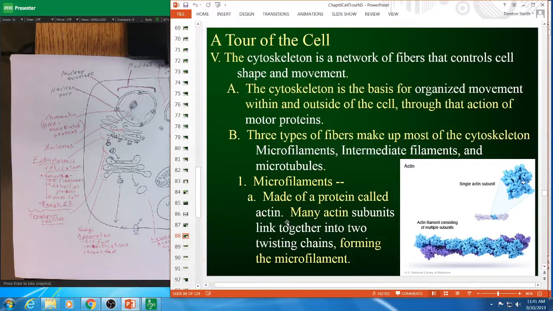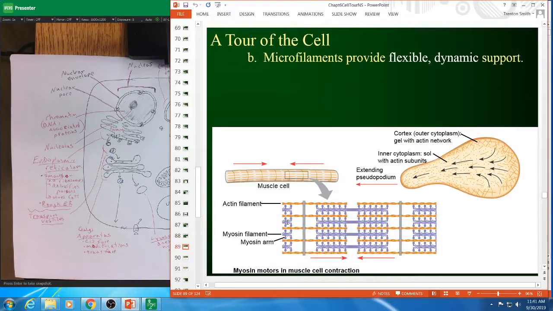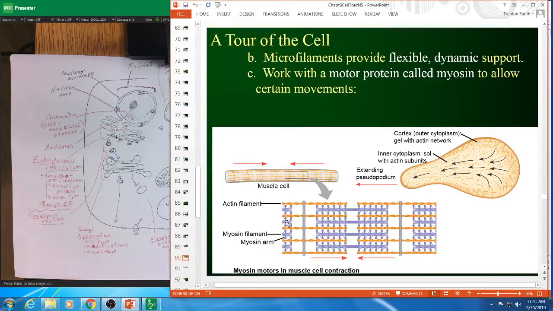You can dissolve it, and you can take those monomers, those little protein subunits, and build a new chain of them somewhere else. So that's what I mean when I say dynamic. It means that they can be changed. Just because you've built a microfilament doesn't mean it's going to last forever. It can be broken apart and reassembled somewhere else to do a different job. And that's really important when you consider the kinds of things that it does. For example, it allows movement of a cell.